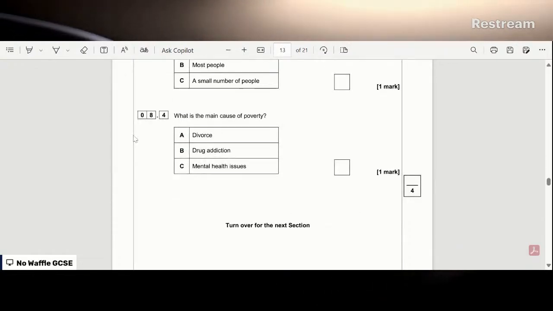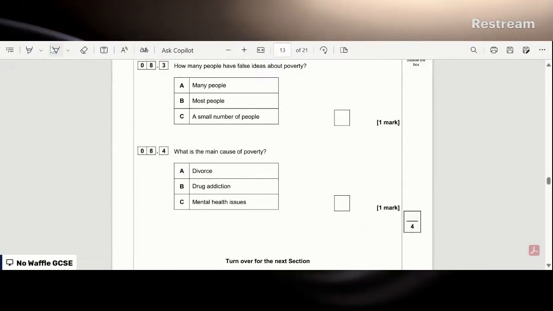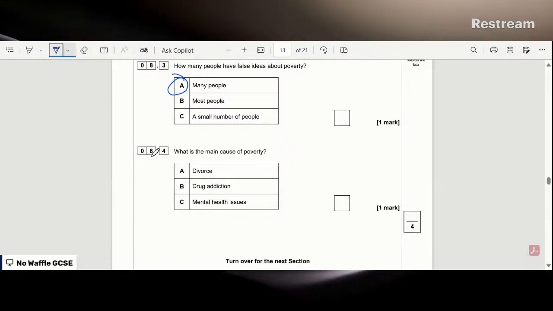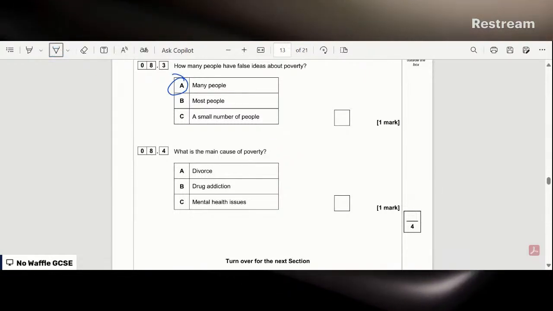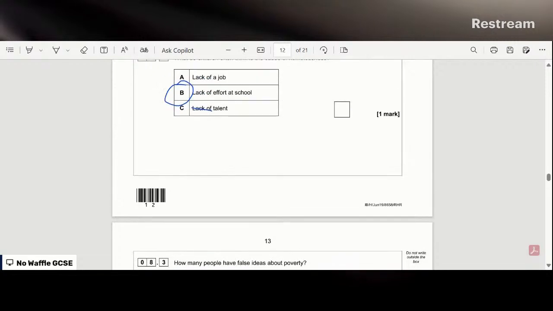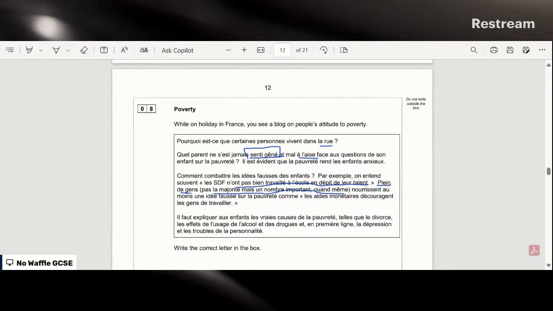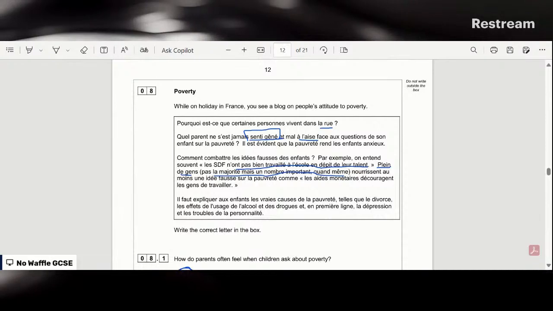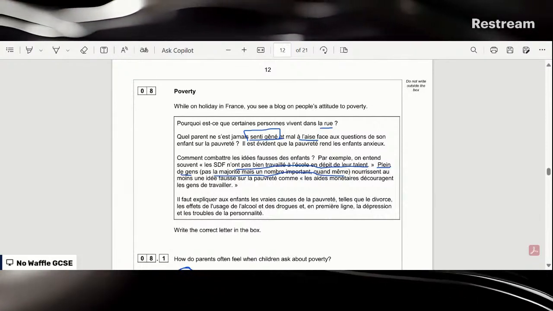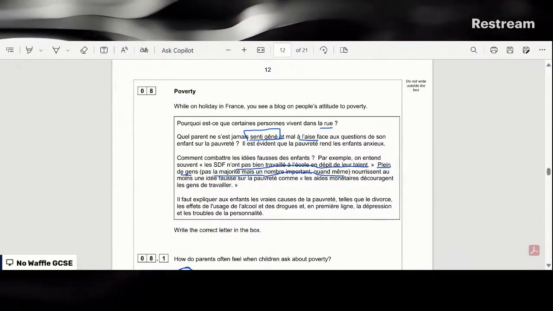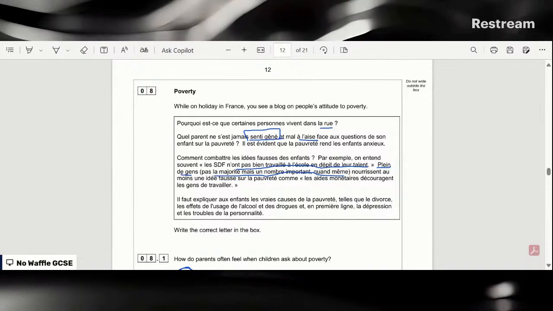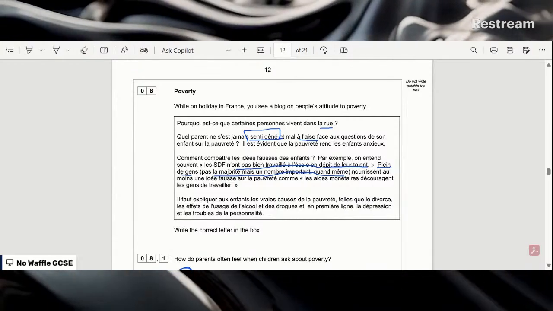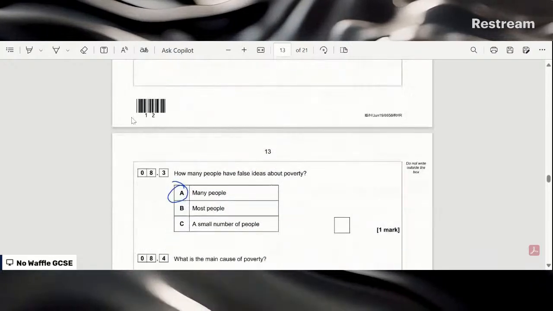So clearly it is the first answer, which is many people. Although it says majority, actually, sorry, I'm correcting myself there. So the answer is many, because when it says majority, the majority, it's not as important of numbers. It's not as big of a number. So even though lots of people misunderstand things, it's not as big of a number to be the majority.